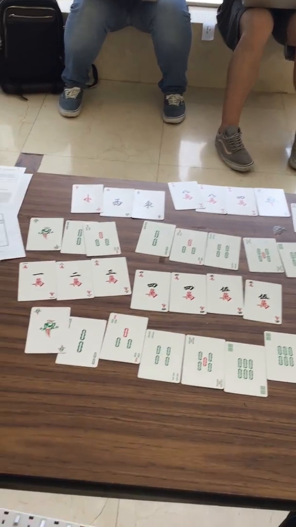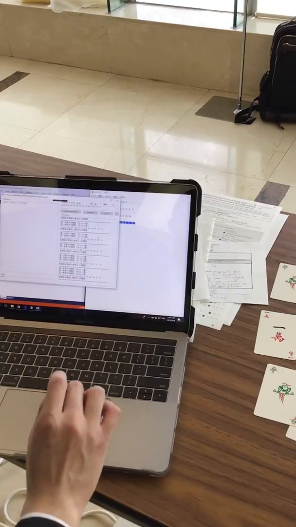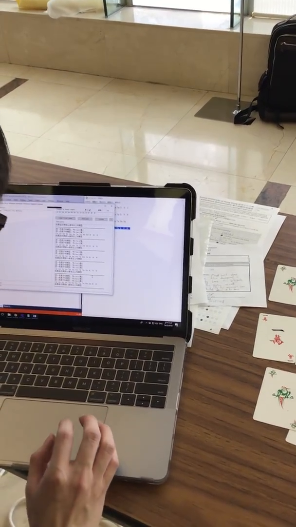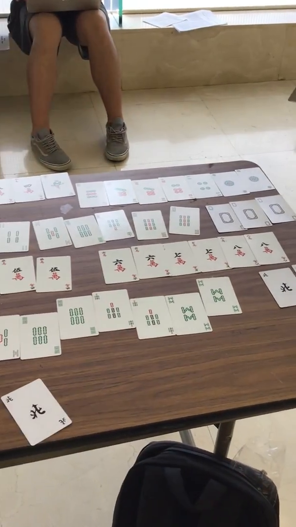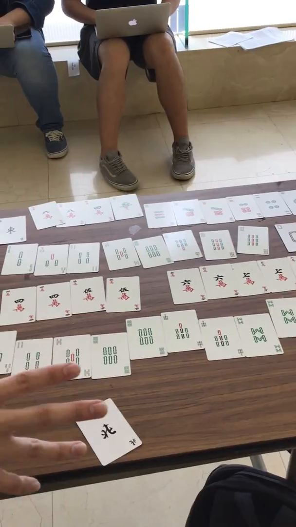But which one is the best? The system shows the best one is the final one. If you throw the north, you're actually waiting for 3, 6, and 9 bamboo.